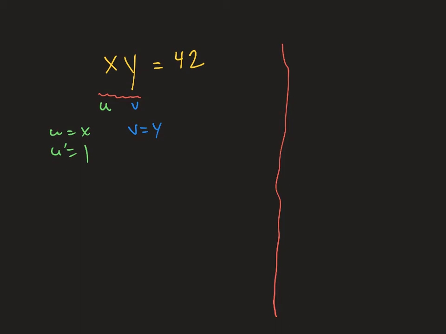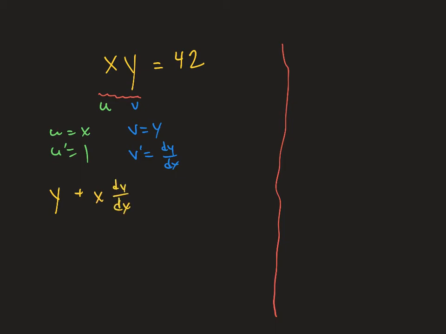But the derivative of v, because y is a function of x, the derivative of v is 1 times dy over dx, which is dy over dx. Okay? And now when we write out the product rule, we're going to have v times u prime, so that's y times 1, plus u times v prime, which is x dy over dx.